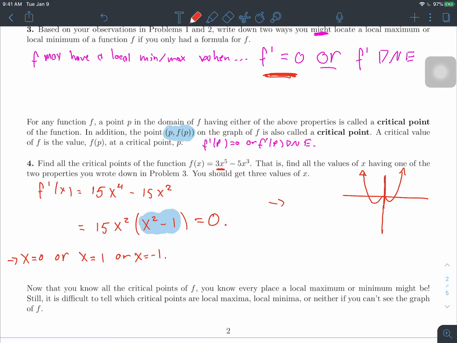So thankfully, the problem told us that we should get 3 values of x. Since I've already gotten 3, I'm not really going to worry too much about the DNE situation. And I'll briefly describe why we don't need to worry about the DNE situation.